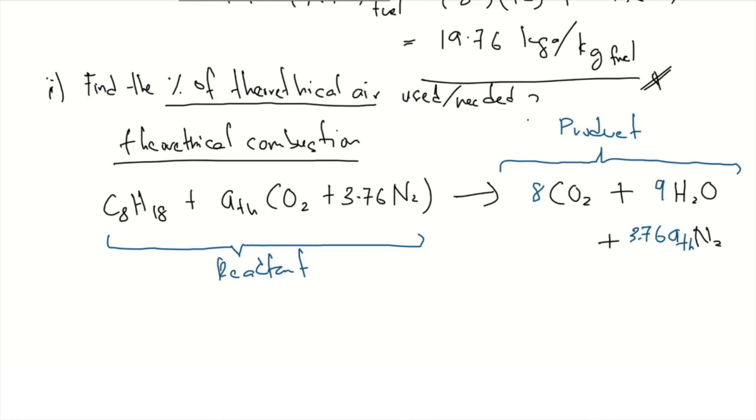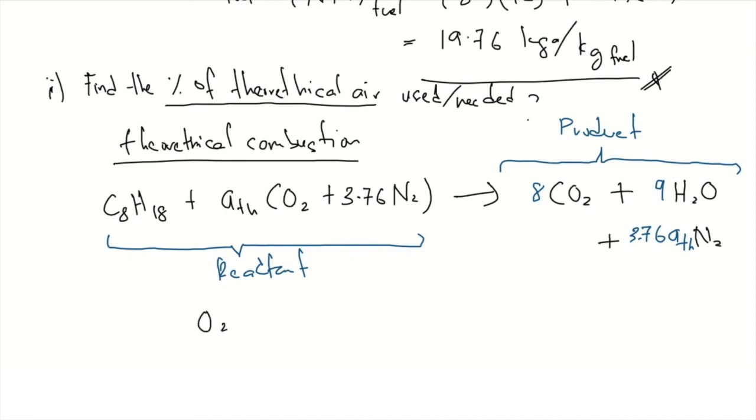So the only thing now is to find the value of ATH based on our theoretical combustion. We can find ATH, A theoretical, either using O2 or N2. Let's use O2.